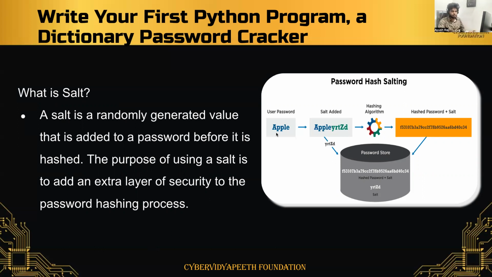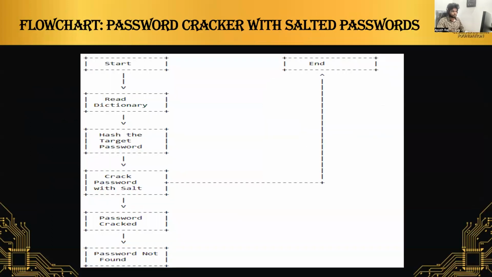You can see in this image that it added some extra characters, and after that it converted it into a hash. So if somebody tries a dictionary cracking attempt, they will suffer if a strong salt is added. So salt is an extra layer of security.